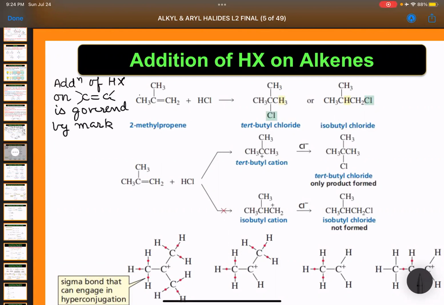So what is this Markovnikov rule? Who is going to tell me? Hanifa, what is Markovnikov rule? Darshan, any idea? Pavitra, Samaira?